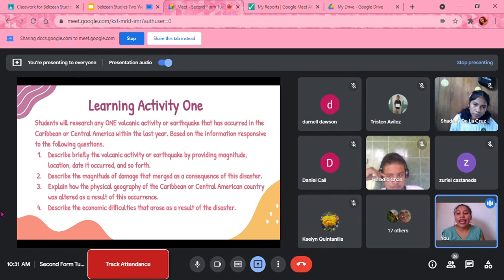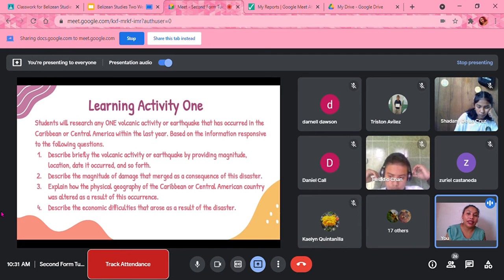And number 3, explain how the physical geography of the Caribbean or Central American country was altered as a result of this occurrence. Usually after a volcanic eruption, all of the agriculture around the volcano is no longer there. That is one way that it affected.